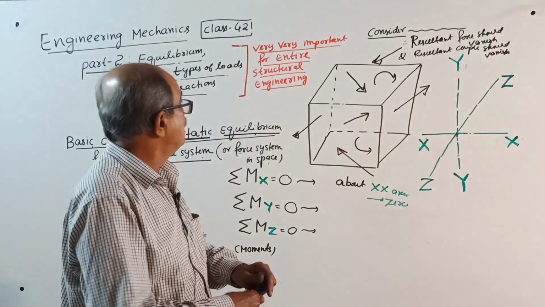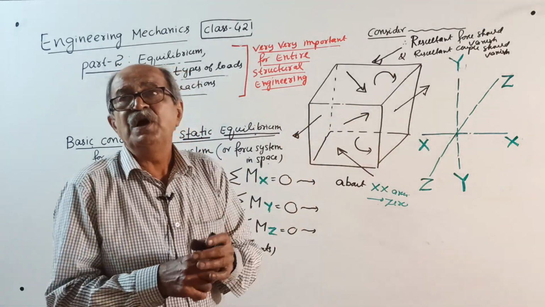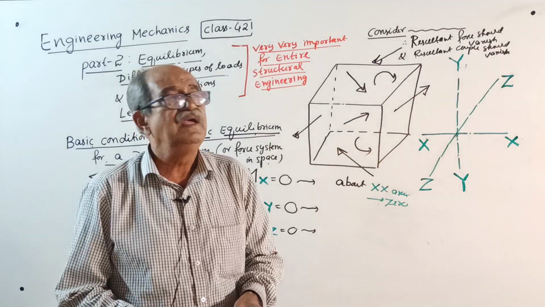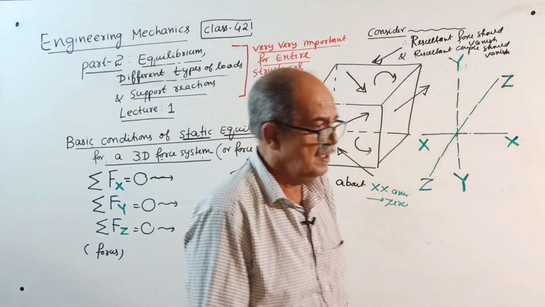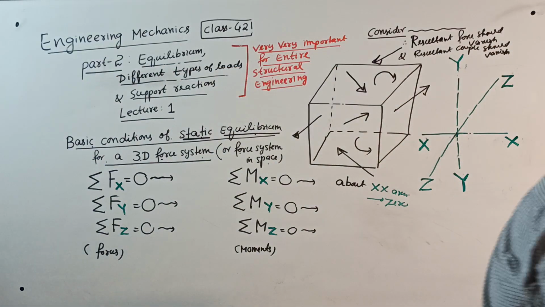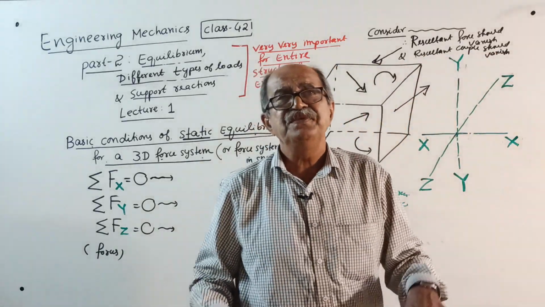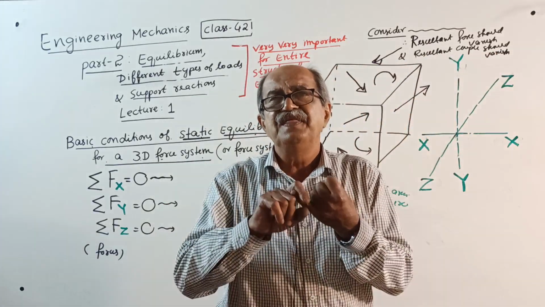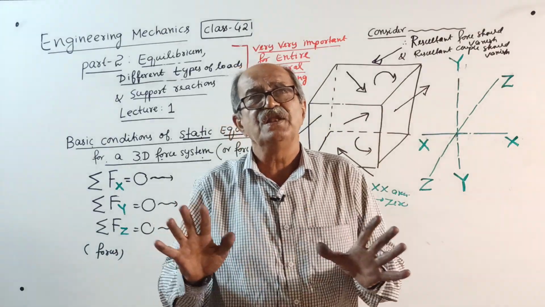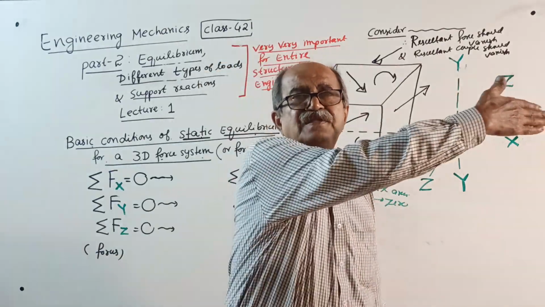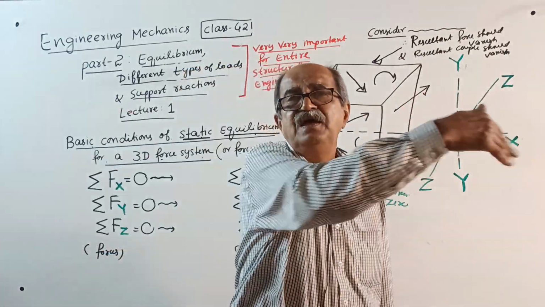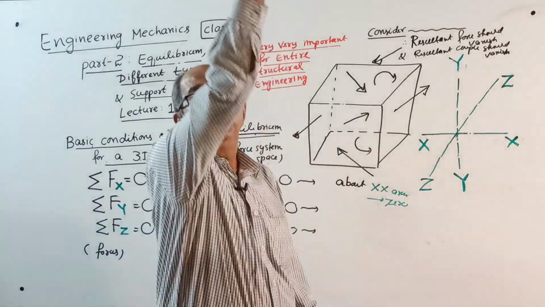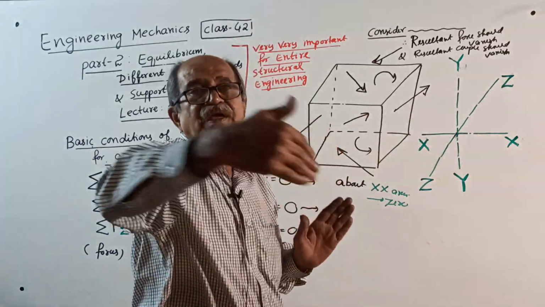So now I will rub everything here. I will give the conclusion, and will not repeat once again. See, equilibrium means at rest, neither a translation nor rotation. No translation this way, no translation this way, no translation this way.